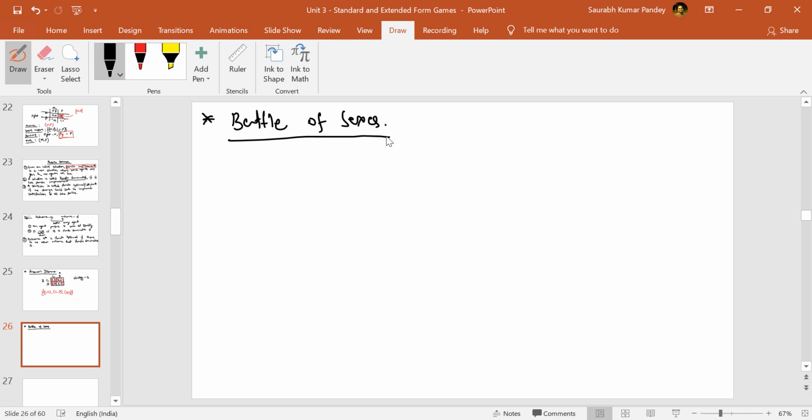Okay, so that's what the battle of sexes was. So let's see what happens. So we had a 2 by 2 payoff matrix where I stands for ice hockey and F stands for football. We are two players A and B, or Alice and Bob.